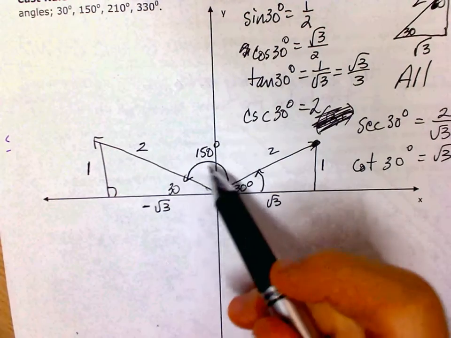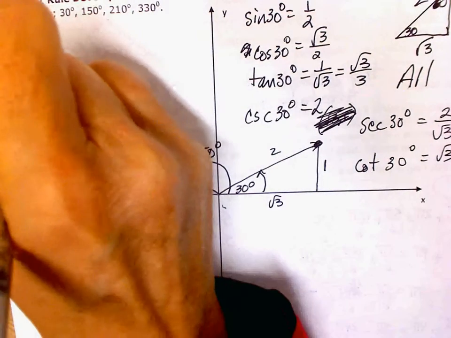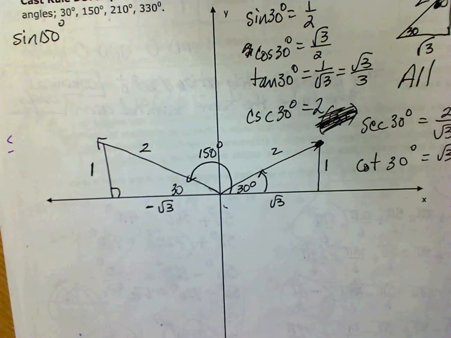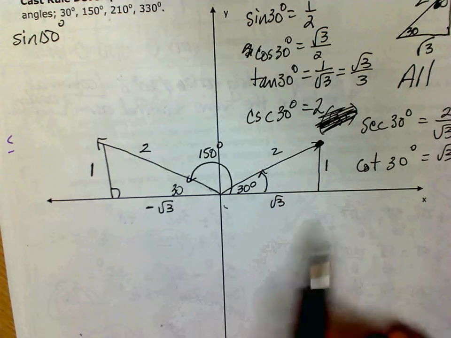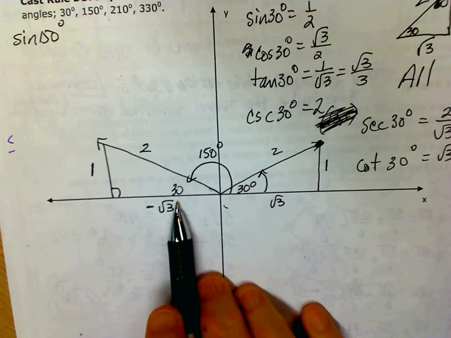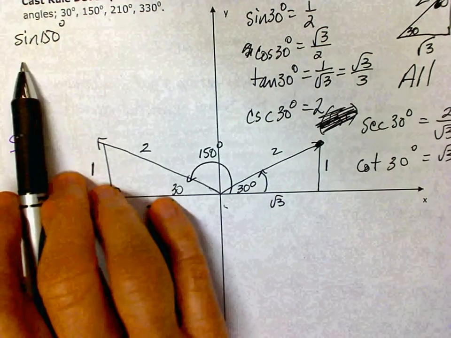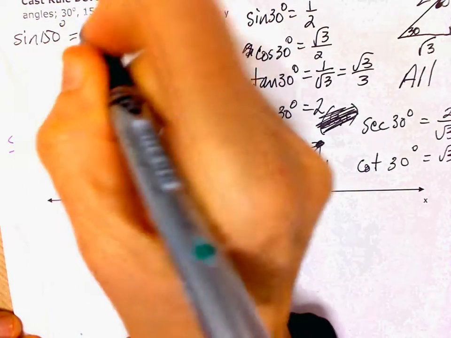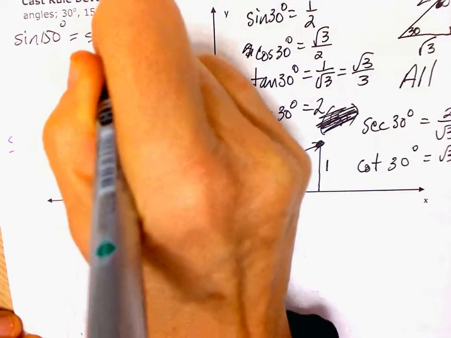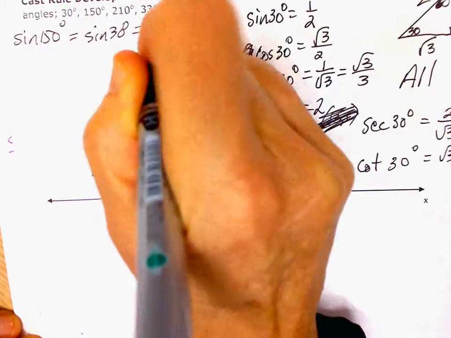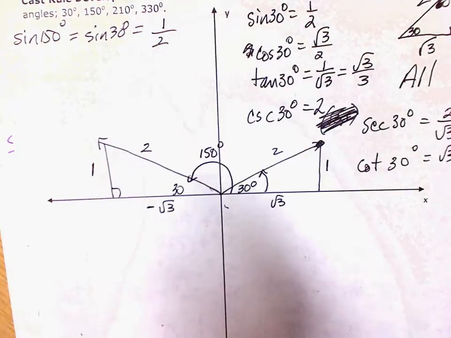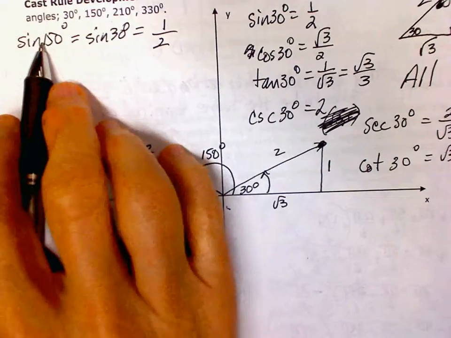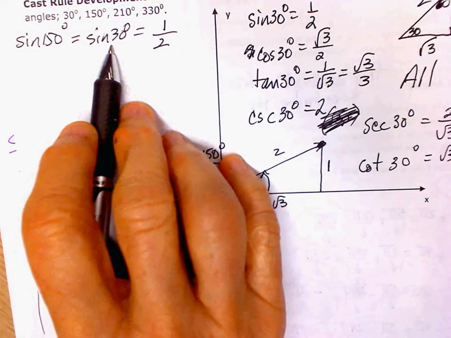So, what is sine of 150? What is sine of 150? It's going to equal sine of 30 degrees, and that is 1 over 2. We're relating these angles to the related acute angle.